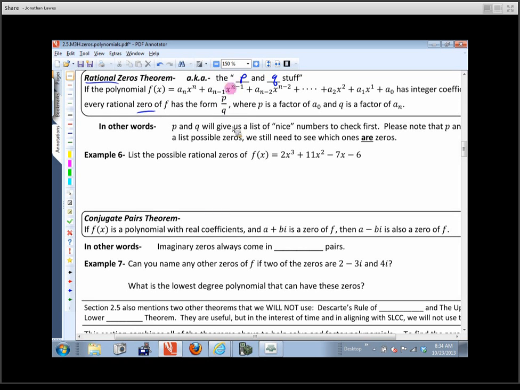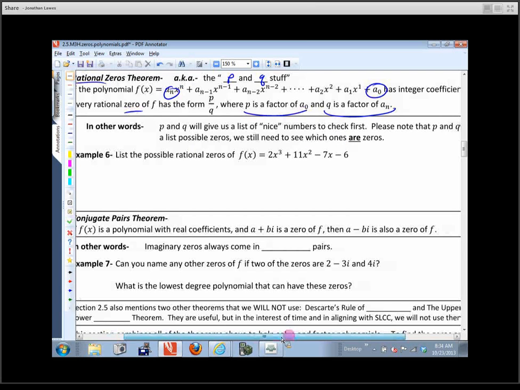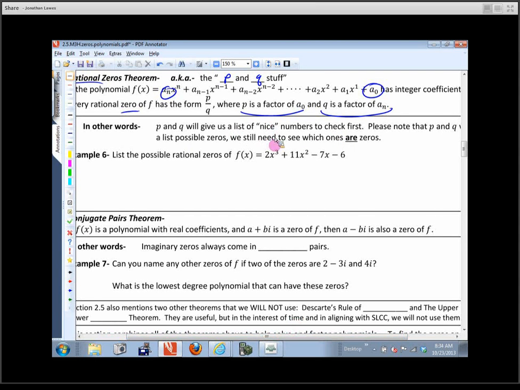A little fraction of p over q, where p is a factor of this one right here on the end, a naught is what we call that, and q is a factor of an. That's this first one right here. So in other words, and you don't have to fill anything in here, P and Q are going to give us a list of nice numbers that we can use to see if they're zeros. We're going to check and see if they work. We're going to check and see if they're factors.